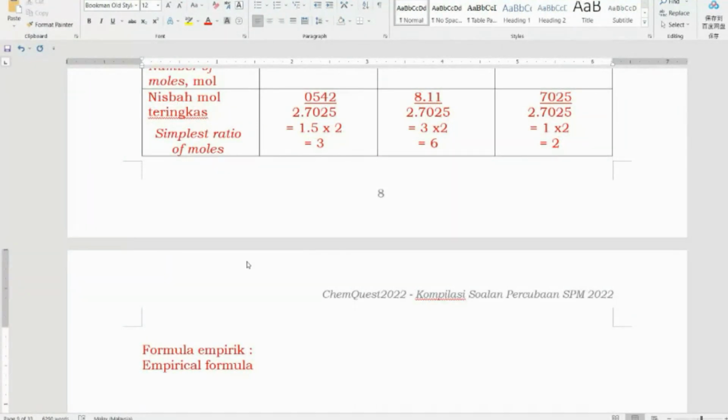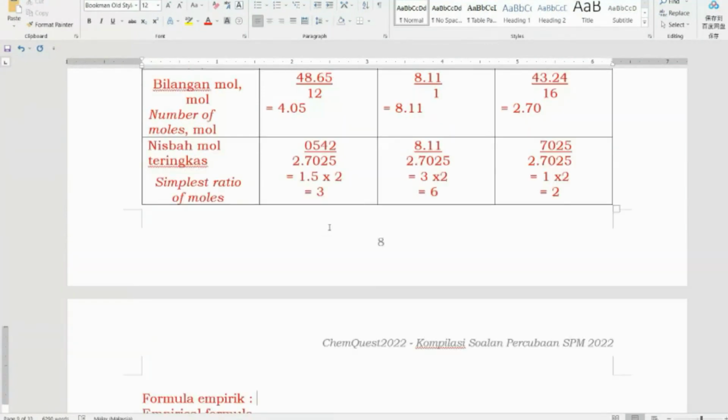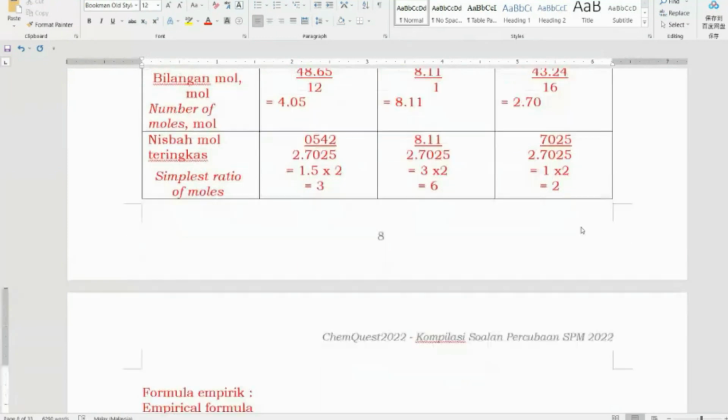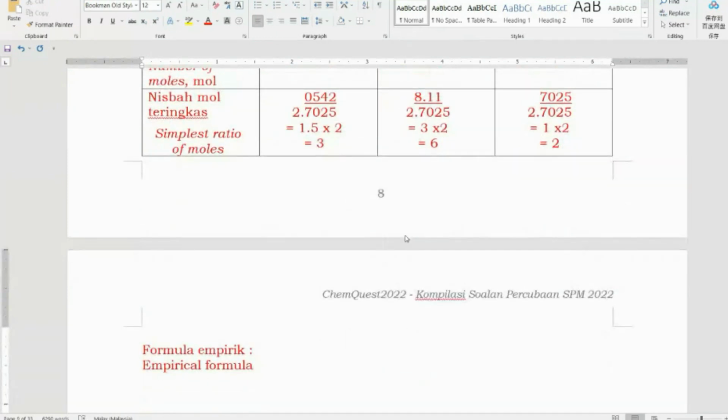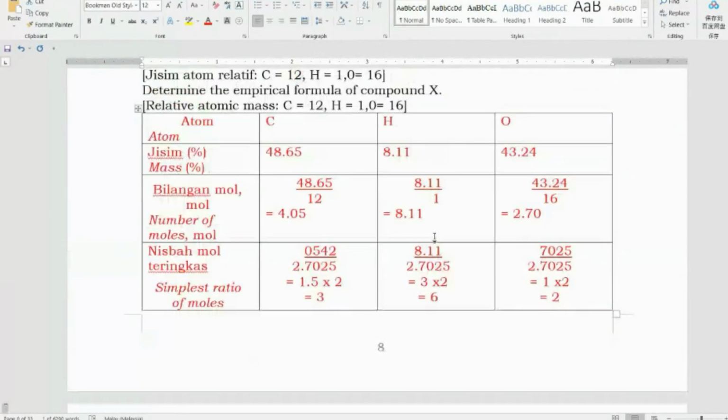So what is the empirical formula? Jonathan, you have 3, you have 6, you have 2. So can you give us what is the empirical formula? C3H.